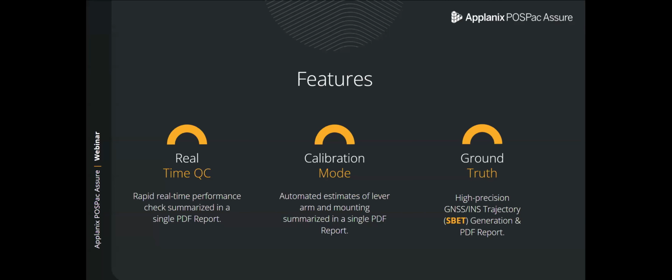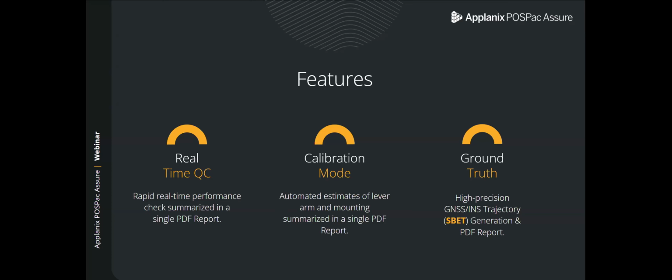So here are the three main features that we support with POSPac Assure. On the left side, you can see the real-time QC feature. This is a rapid real-time performance check that you can do. And all of this information is summarized in a single PDF report. So think about you collected GNSS-INS data in real time, and you want to have a smart tool that advises you on how well the performance was.